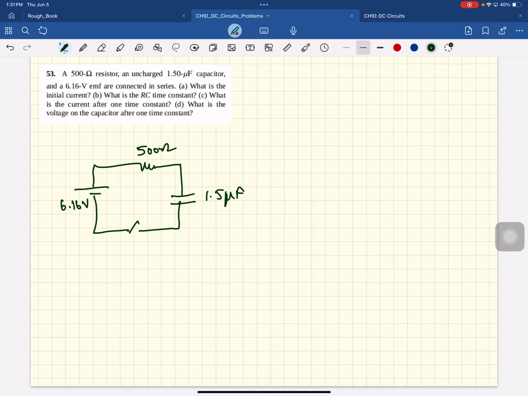Here's how you find the initial current. It decays exponentially. The initial current is as if the capacitor wasn't present.